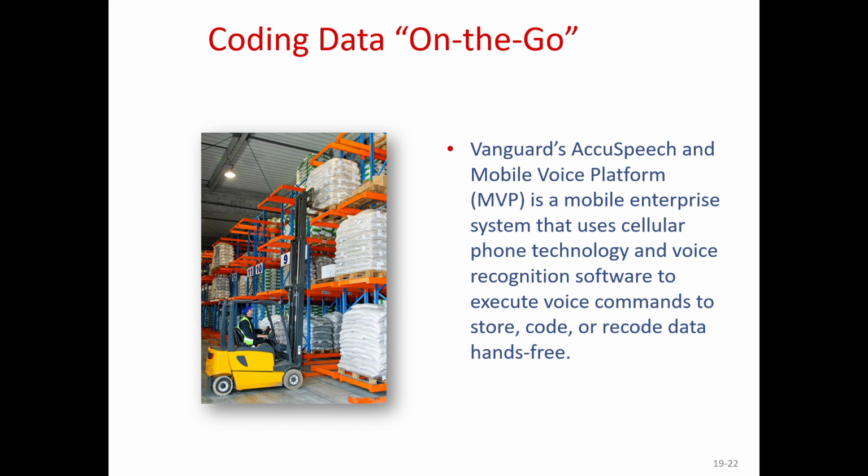Vanguard AccuSpeech, a mobile voice platform, is a mobile enterprise system that uses cell phone technology and proprietary voice recognition software to execute voice commands, to store, code, or record data hands-free. That is really helpful for all businesses.